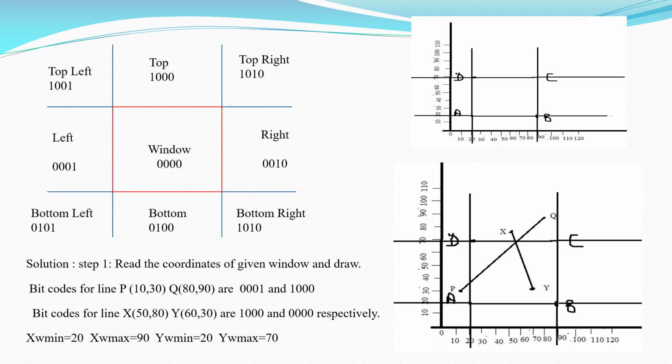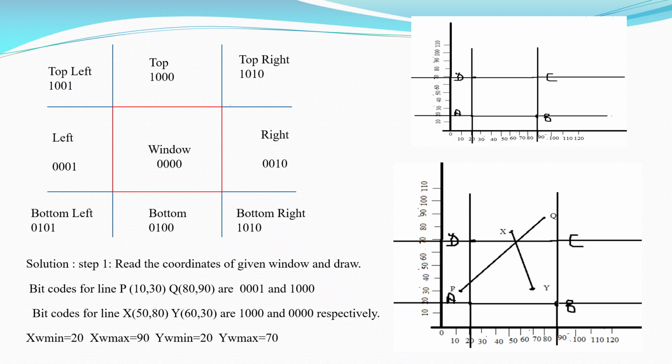So what next? How do we do the calculation? How do we clip these lines? We'll see. Before the clipping, we know the window values given here.